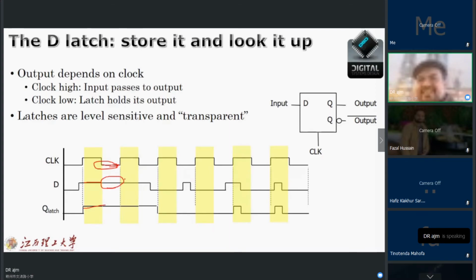And again, when the clock is high, it's again transparent, the output follows the input. Here what will happen? It comes down, our inputs are 1 and 0, but it again continues the previous state, and so on. It's a nice example.